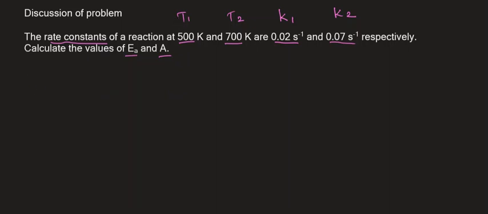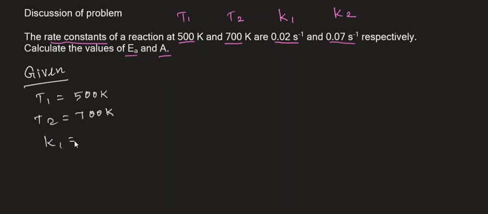What are given here? Let me write down the given first. Given: T1 is 500 Kelvin, T2 is 700 Kelvin, K1 is 0.02 per second, K2 is 0.07 per second.